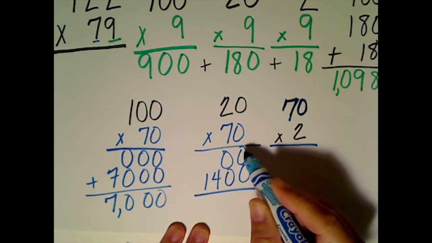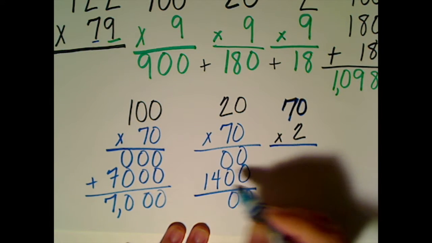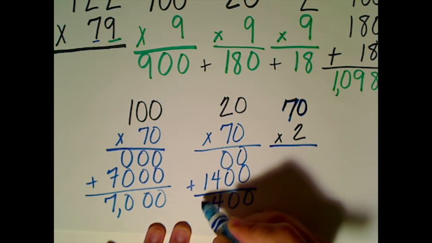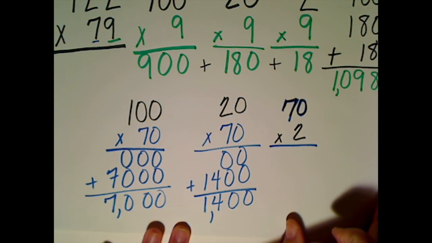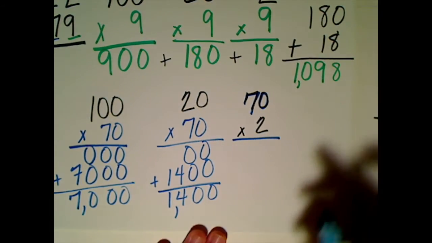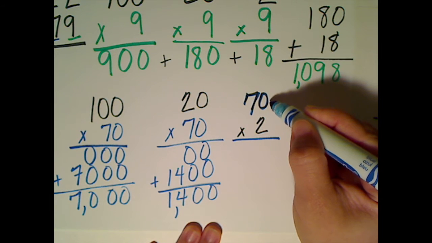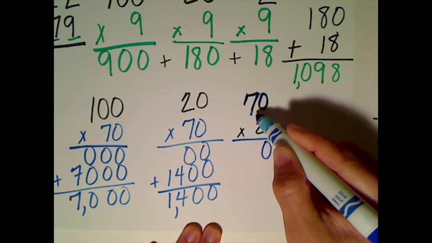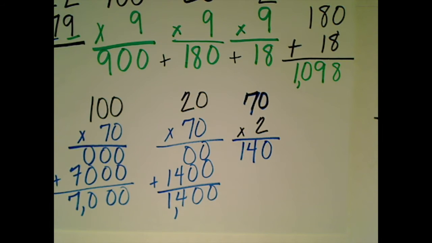See what we get here. 0 and 0 is 0. 0 and 0 is 0. 4 and 0 is 4. 1 and 0 is 1. So we have 1,400. Okay, guys. Now for the last one here, we have 0 times 2 is 0, and 2 times 7 is 140.